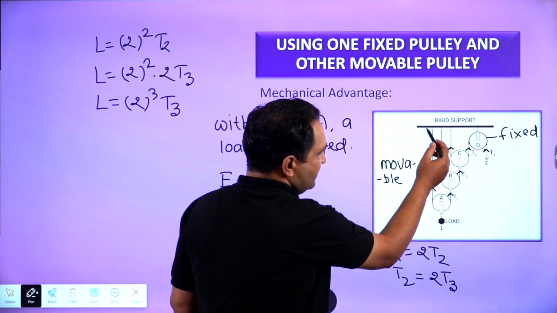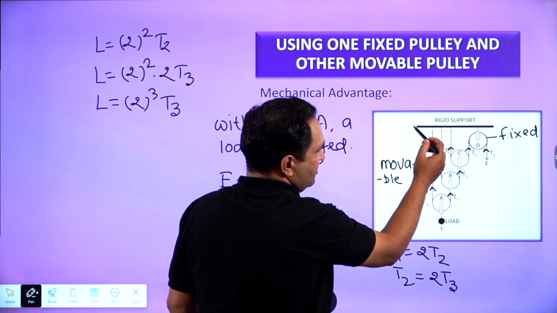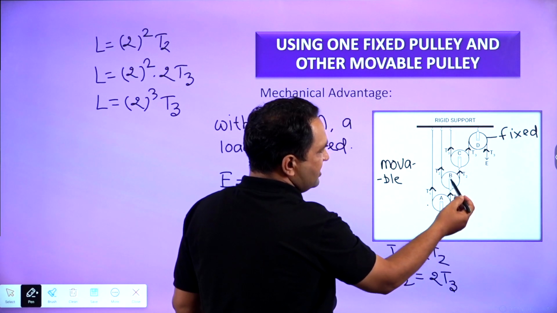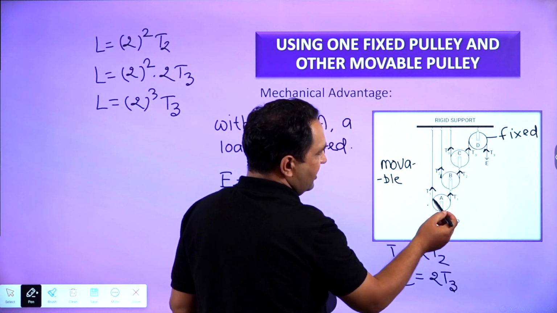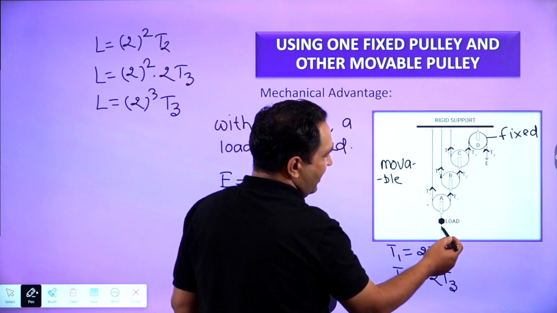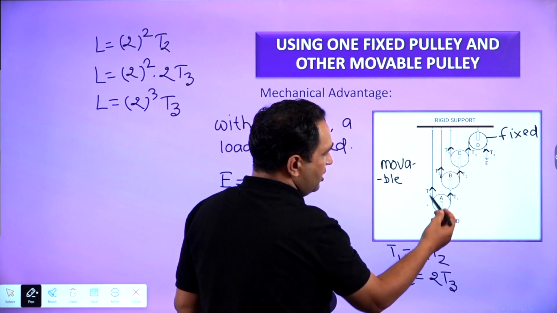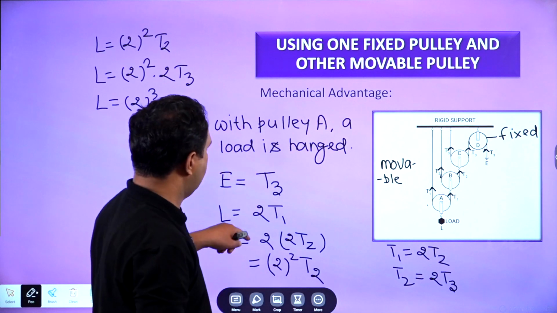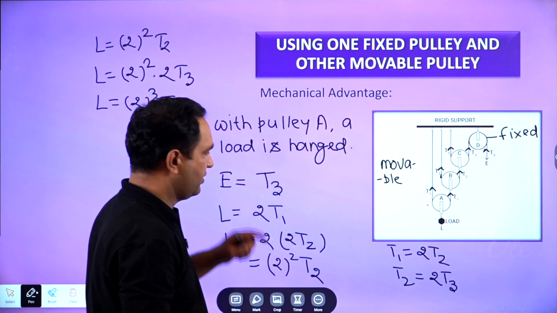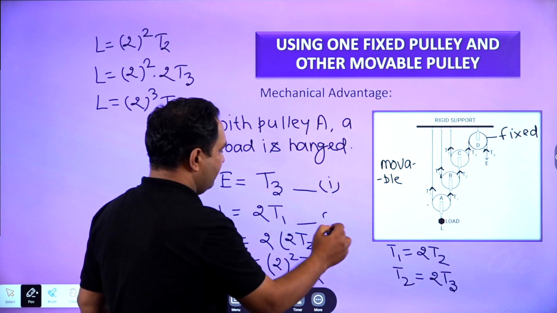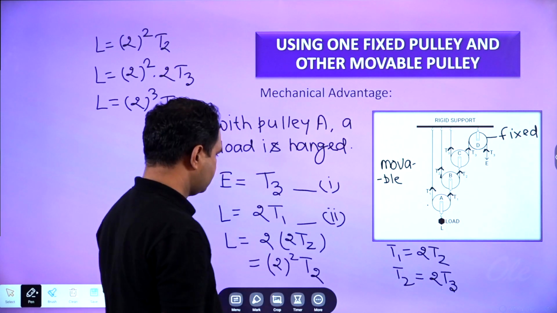T1 at this side, which is fixed with the rigid support, and T1 at this side, where pulley B is connected. So the total forces acting against this load are 2T1. So L is equal to 2T1. Effort is equal to T3.